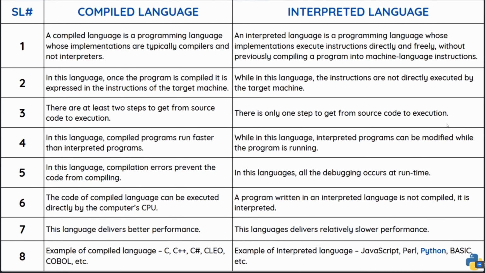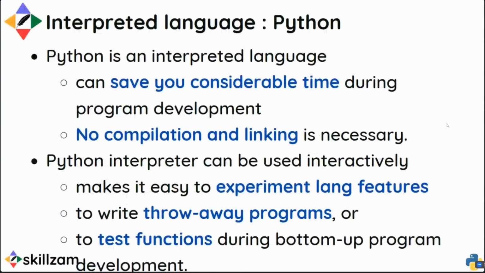Now, Python is an interpreted programming language, so you don't have to compile and link before executing. That saves a considerable amount of time and gives faster access to the market, because development of the program is very quick.